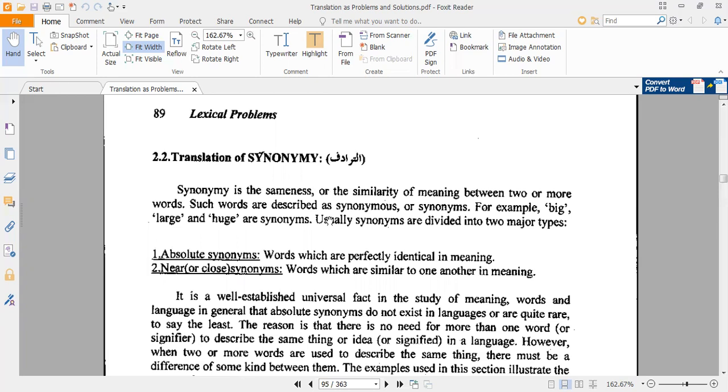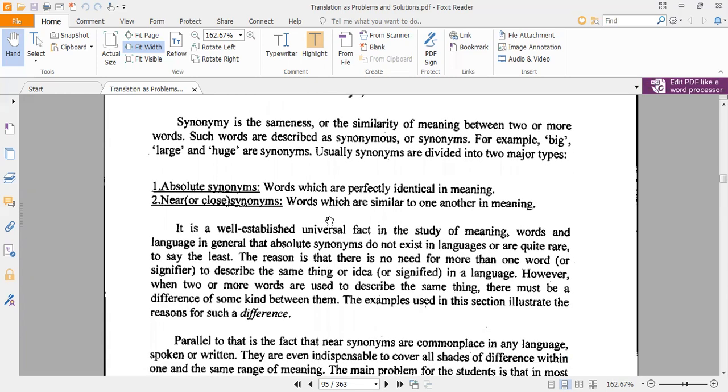So if two words have similar or the same meaning, these two words can be called synonymous. These are synonymous words, meaning the two words have the same or similar meanings.